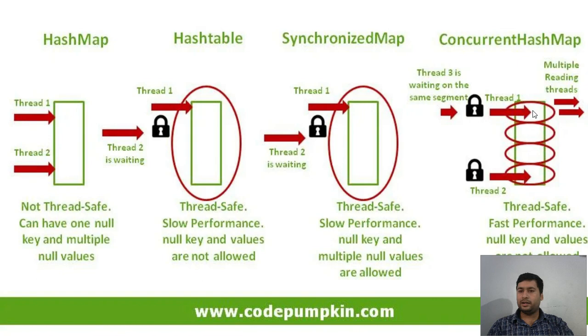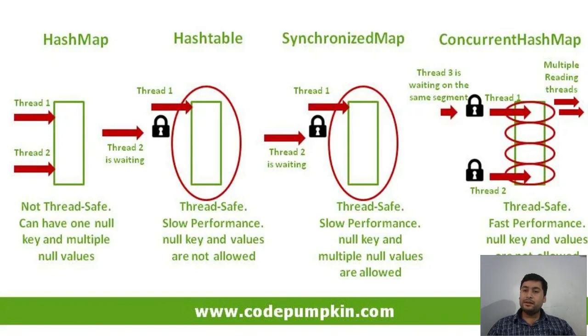If you see here, Hashtable or synchronized map block the entire synchronized map or entire Hashtable to access by some other thread. But in this situation, if you created any ConcurrentHashMap, by default 16 threads will work in parallel at the same time in different segments, right?